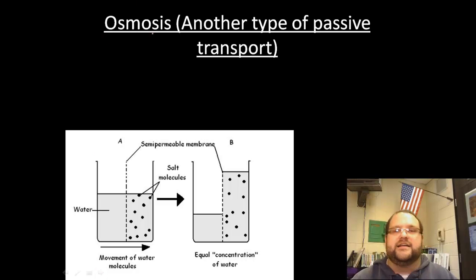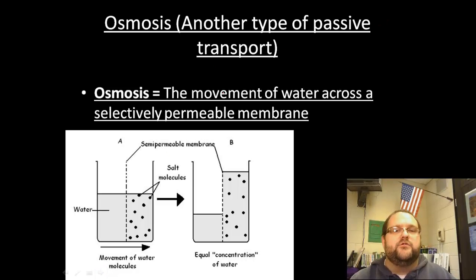So if we look over here, osmosis is another type of passive transport. Cells don't have to spend energy to move things by osmosis. And it's the movement of water across a selectively permeable membrane. So water moves easily across the membrane, but a lot of times other things are not able to move across the membrane. So if we look over here at this picture, we have water on this side and we have salt water on this side.